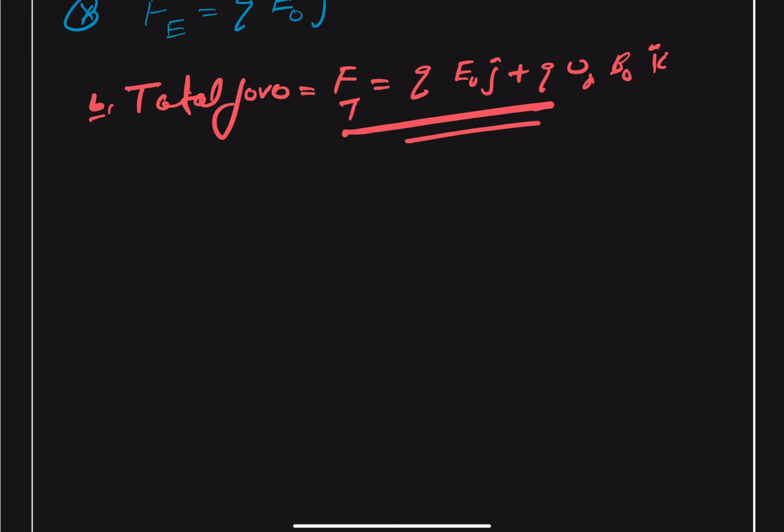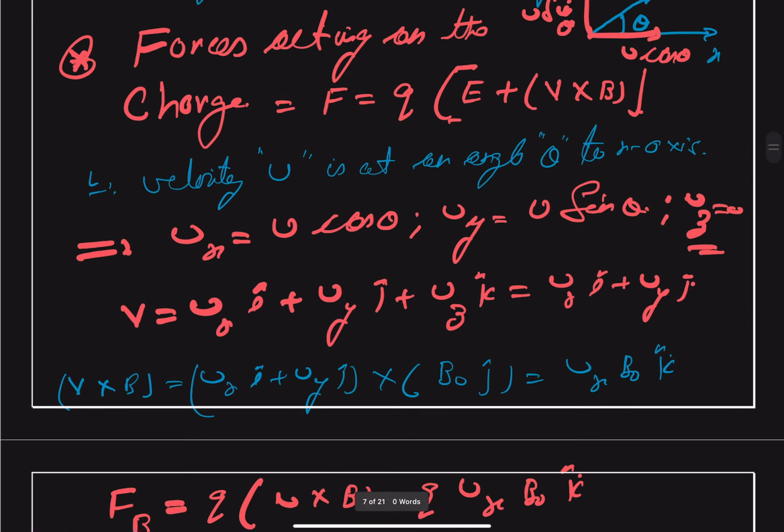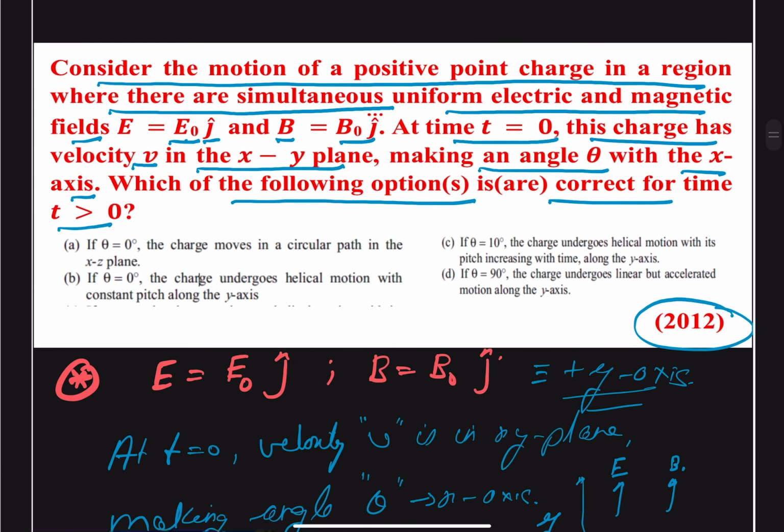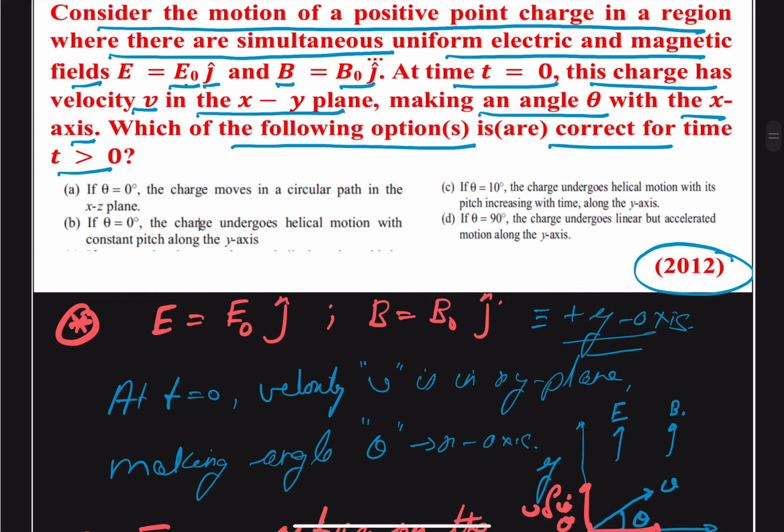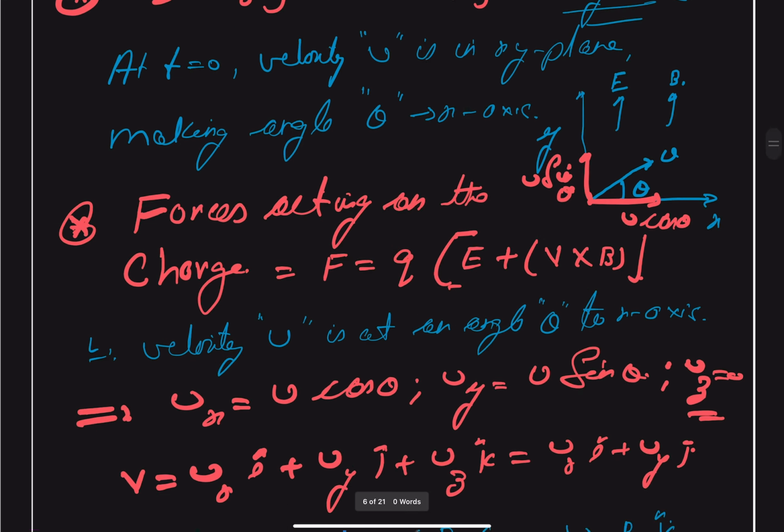In option 1, we are given that theta is equal to 0. So we have to find out whether the charge moves in a circular path in the xy plane.